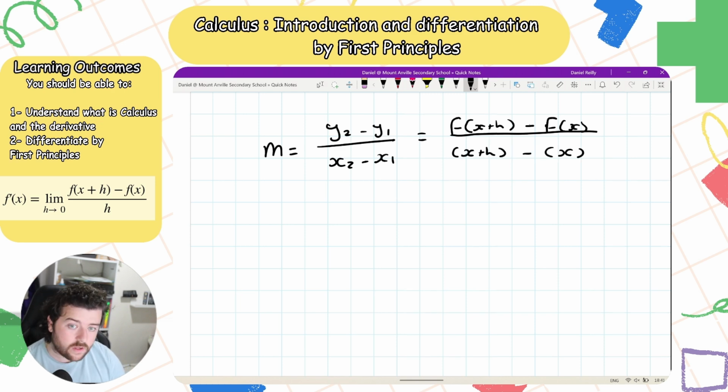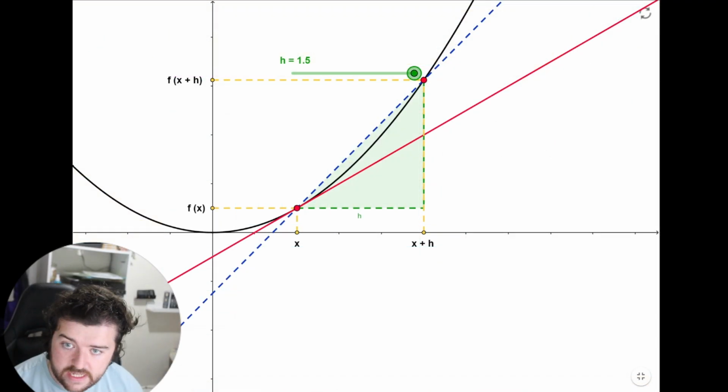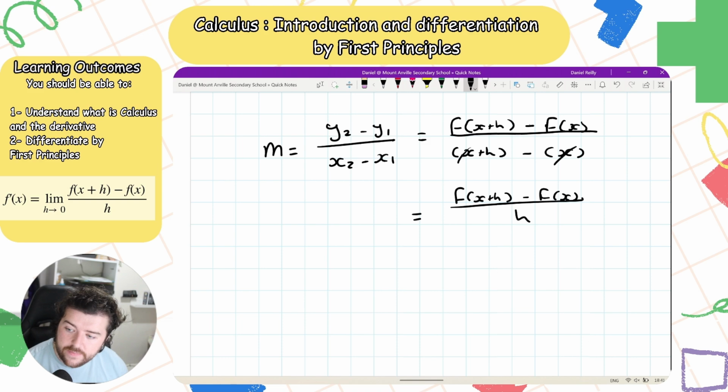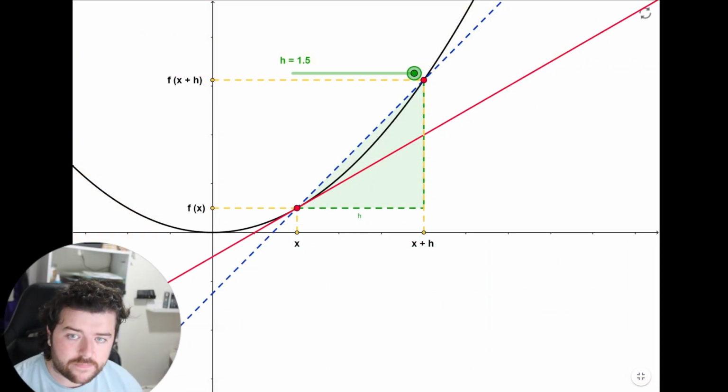If I simplify that, the x's cancel out and I have h in the denominator. This gives me the slope between those 2 points.